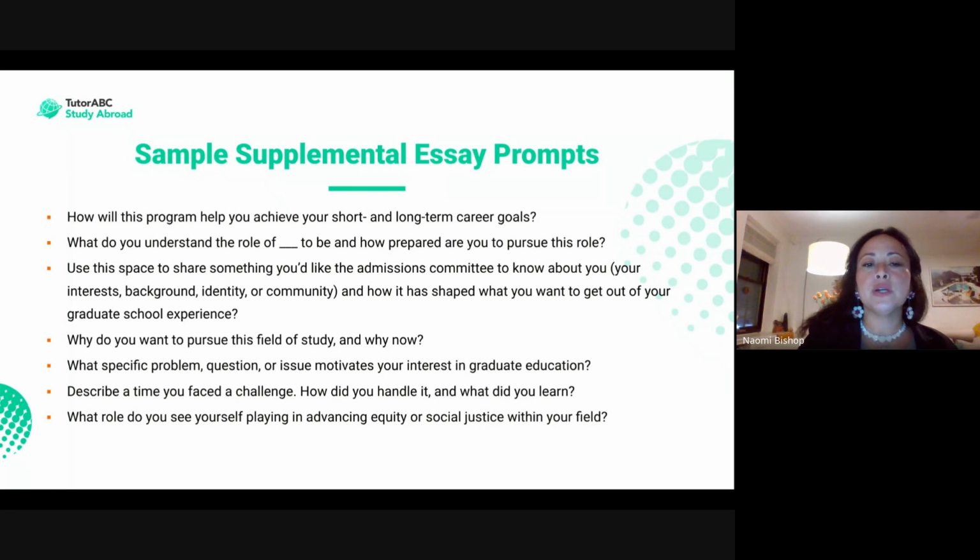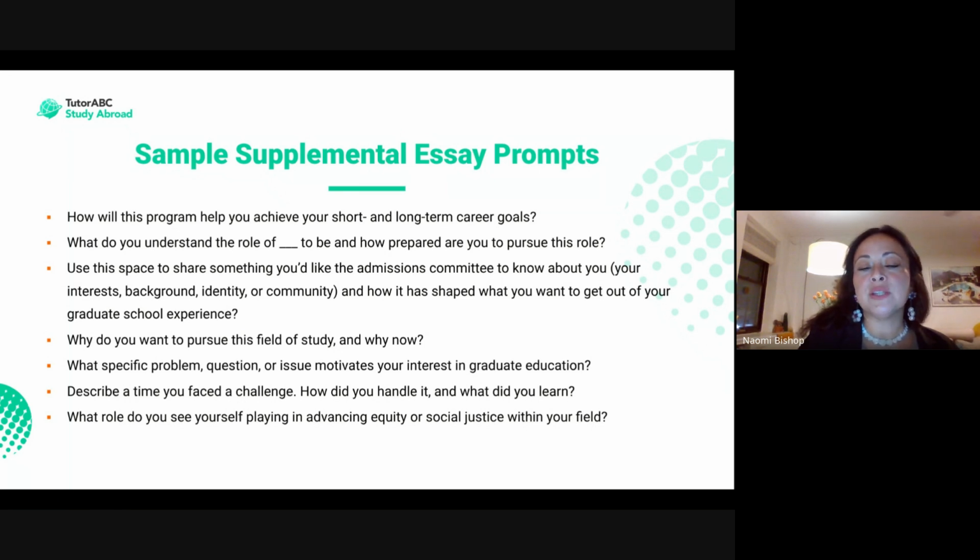Use this space to share something you'd like the admissions committee to know about you, your interest, background, identity, or community, and how it has shaped what you want to get out of your graduate school experience. That shouldn't be a question, by the way. That's a period, but it is a prompt. Why do you want to pursue this field of study, and why now? What specific problem, question, or issue motivates your interest in graduate education?